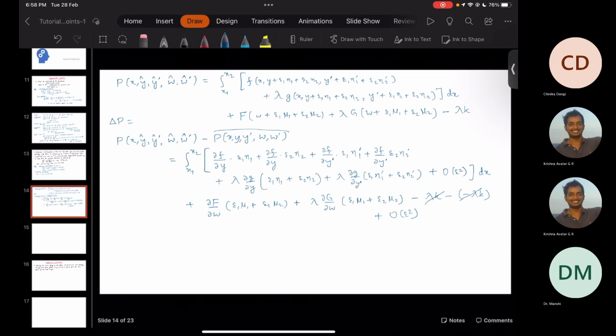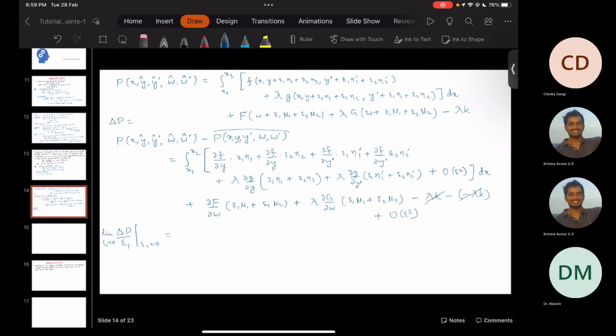And let's first find the derivative with respect to epsilon 1, such that epsilon 2 is equal to 0 and taking the limit as epsilon 1 tends to 0.